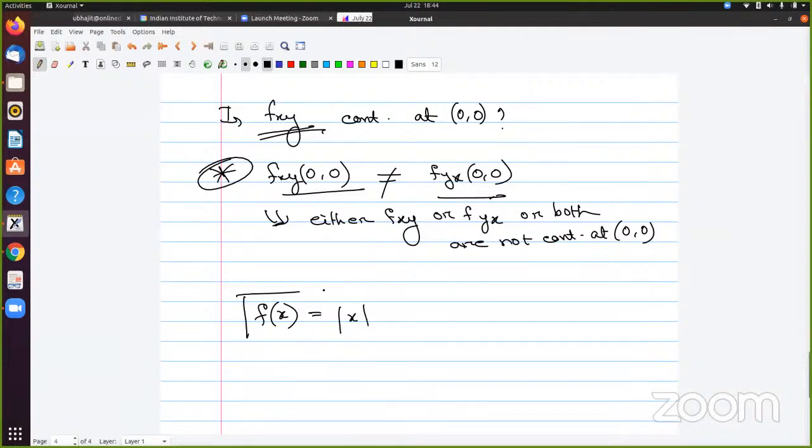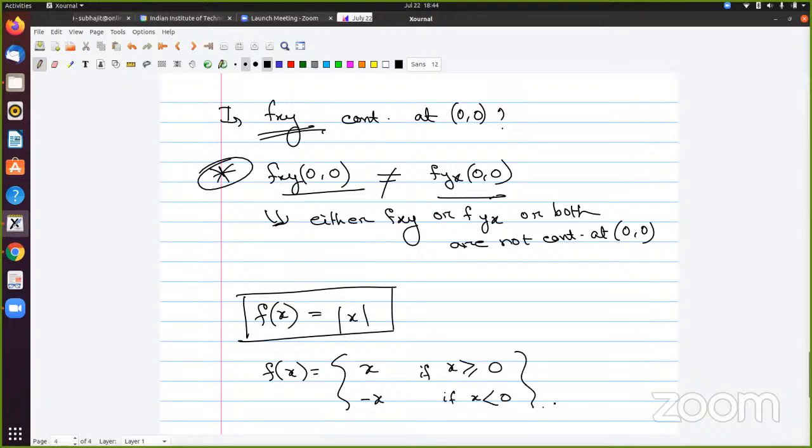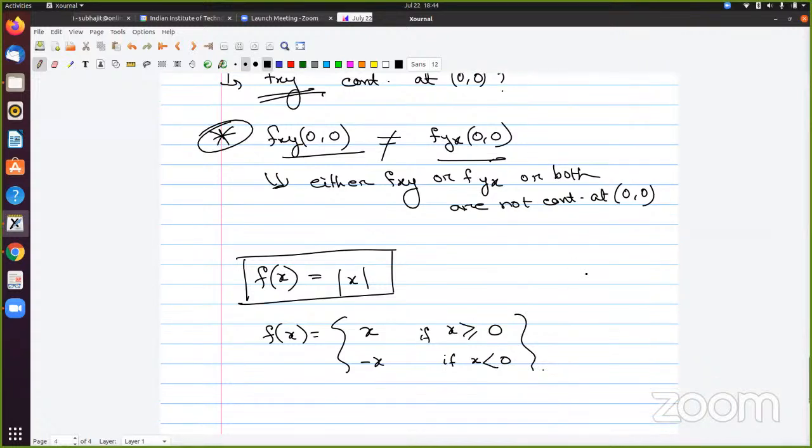In a single variable, when we are discussing the differentiability of this function, you know that it can be written as x if x is greater than or equal to 0, and minus x if x is strictly less than 0. So when we are talking about x equal to 1, what is the derivative of the function? What is f dash 1?